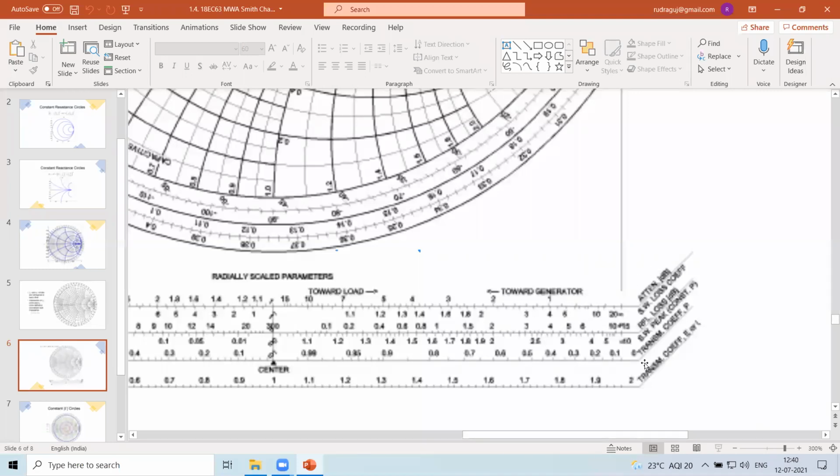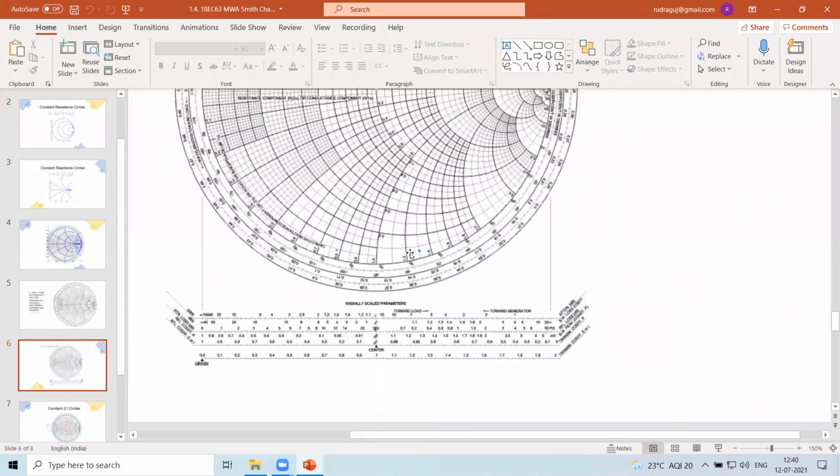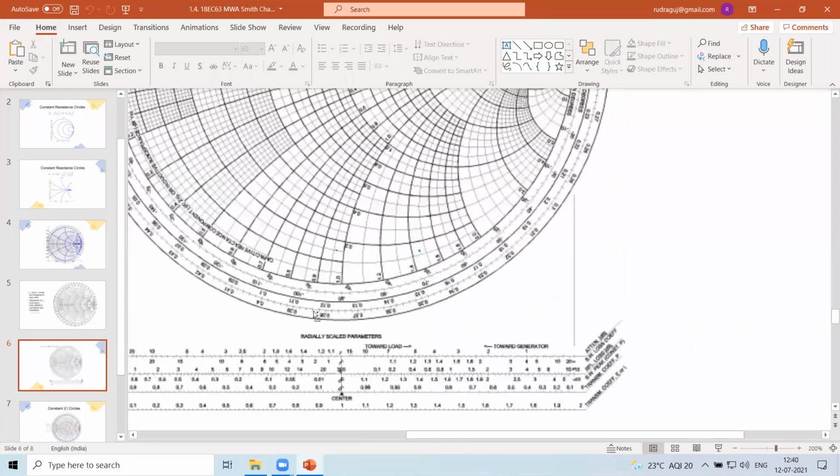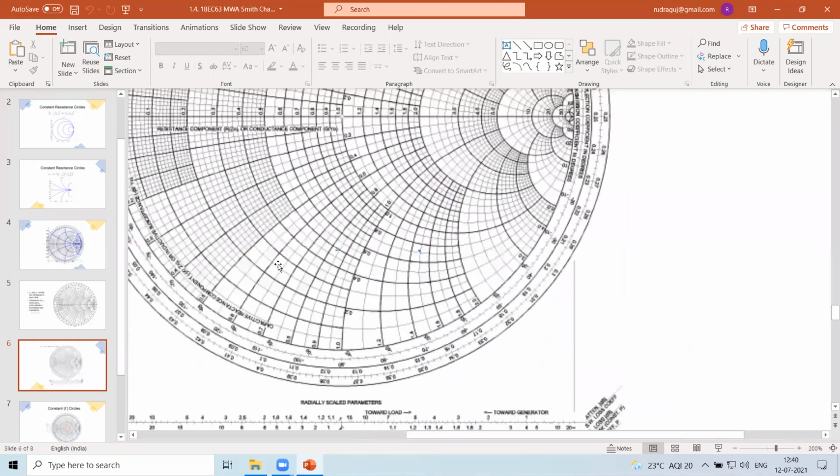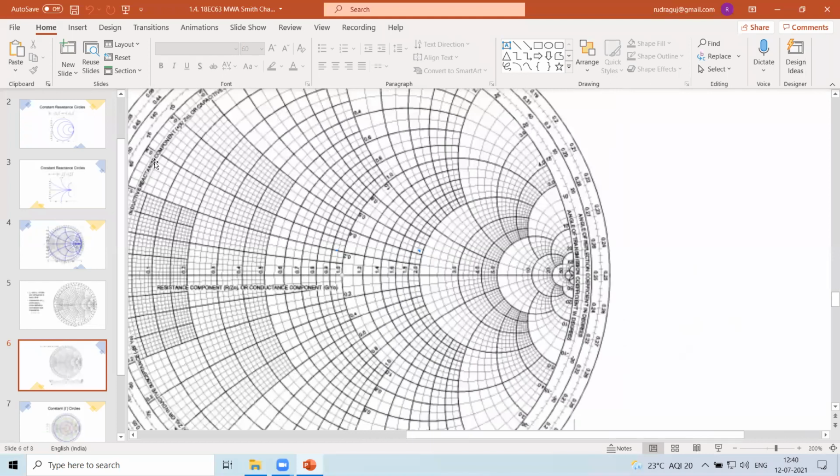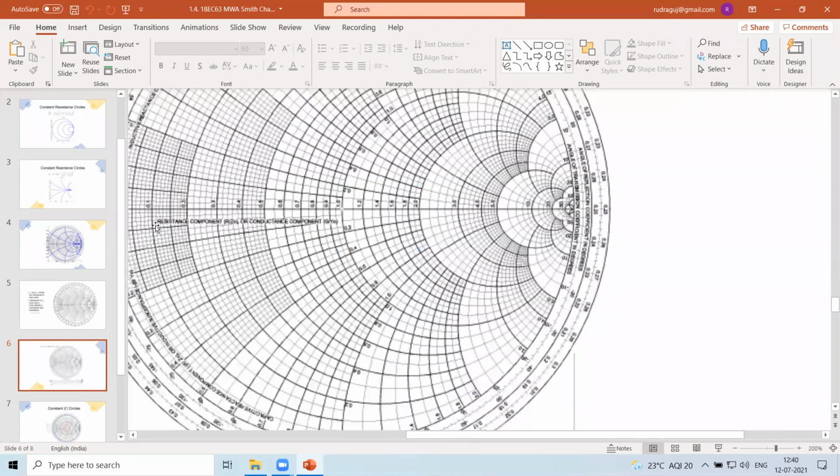On these lines, you'll be able to measure attenuation, transmission coefficient, reflection coefficient, all of the parameters. Here, if you see, there is something associated with the capacitance. And if I go to the top right, there is something associated with the inductive reactance. This is the capacitive reactance region.